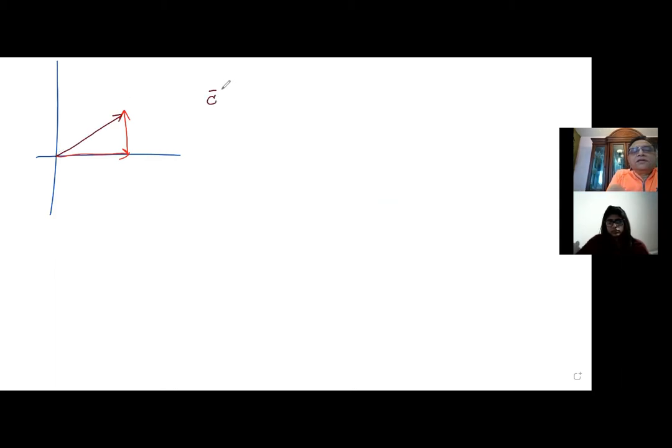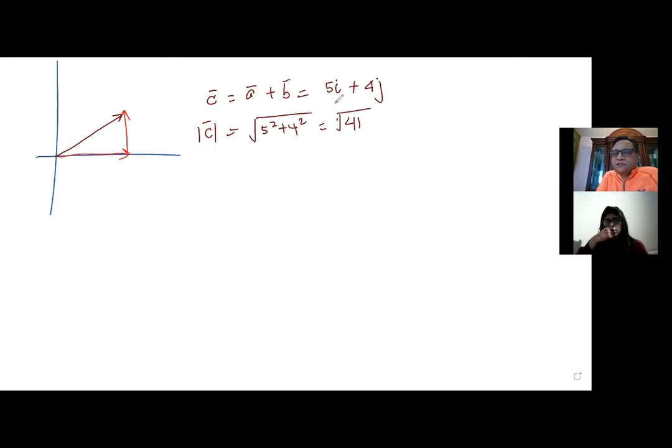So we have vector C, which is equal to vector A plus vector B, where vector A is 5i and vector B is 4j. Now the magnitude of C is basically equal to the square root of 5 squared plus 4 squared, which is square root of 41, right? 25 plus 16.